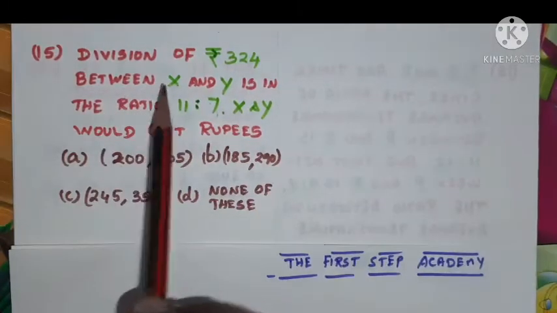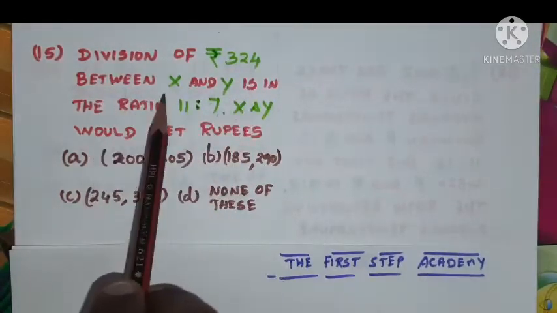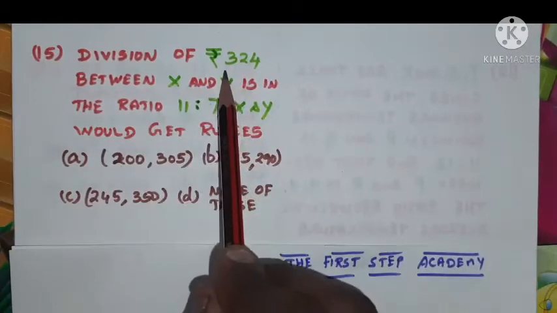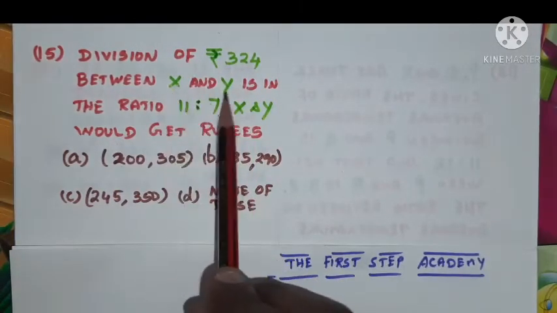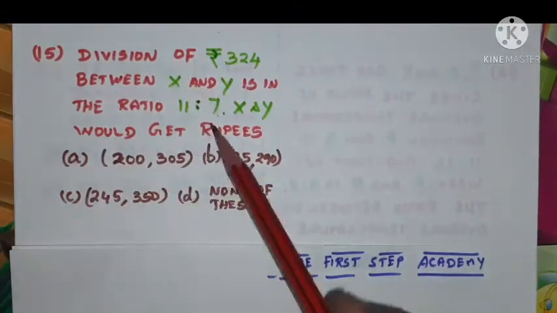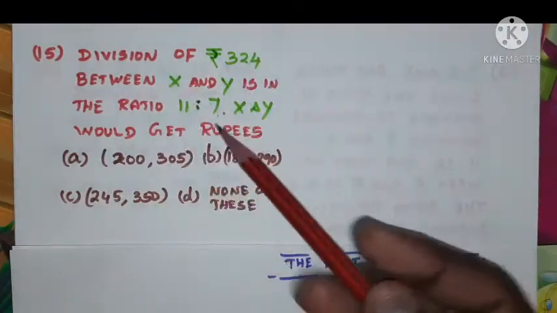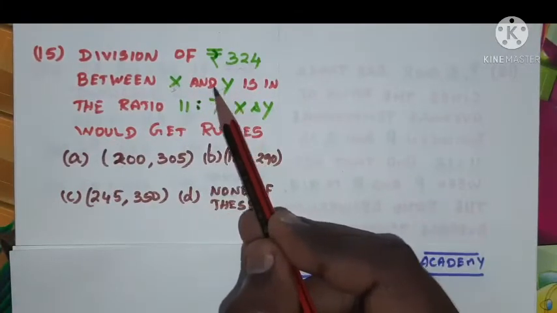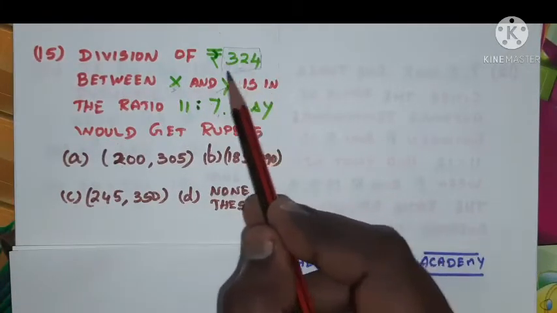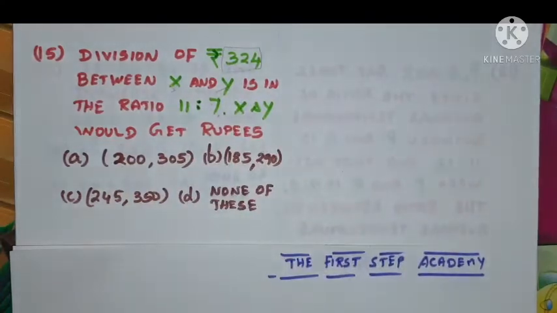So look at this problem. Division of 324 between x and y means there is an amount of rupees 324 that has been divided between x and y. In other way, this can be stated like the sum of shares of x and y is equal to 324. This understanding is much important.